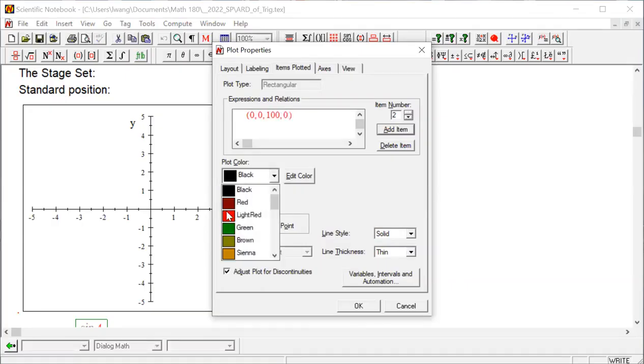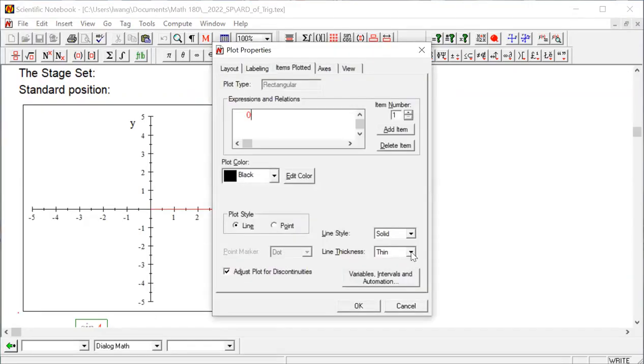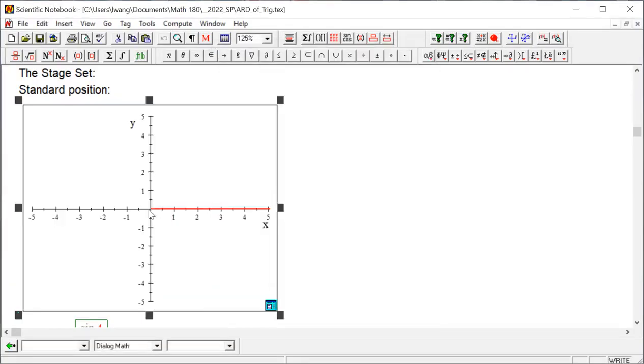I'm going to make it red, and I'll make it thick so you can see. This line is called the standard position, and we measure angle from this position. It could be going counterclockwise or clockwise. Any angle is measured from the standard position.